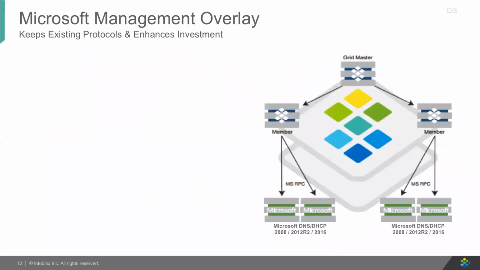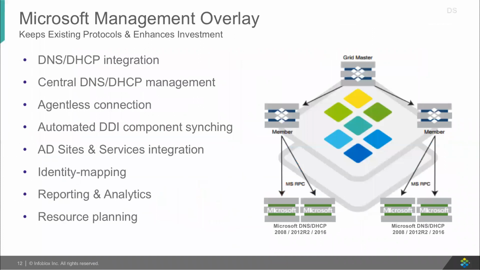All right. Let me touch a little bit on what the Microsoft management is. So I'm going to just do a slide or two on each one of those features, and I'll do a quick demo also. So this is a DNS DHCP integration. It's one of the things that it does. And you can see here in the elementary drawing that in our grid, and we can do a whole other presentation on that, our grid members are doing discovery. It's where the IPAM resides.